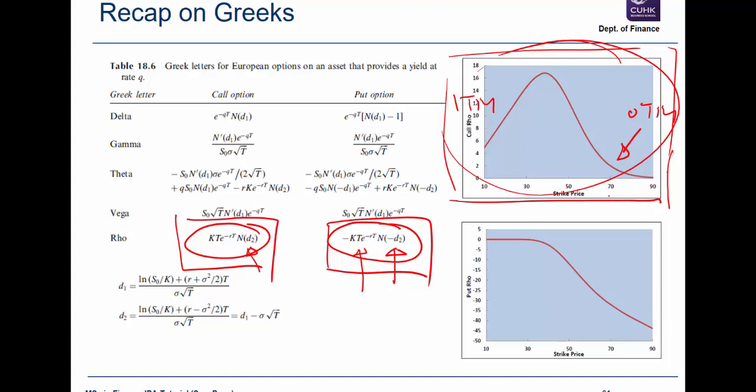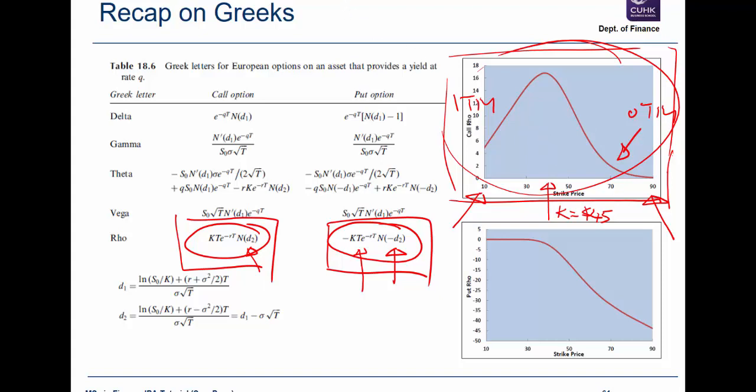We are saying if the stock price remains at 50 and you have a whole load of call options with strikes ranging from 10 to 90, then a call option with a strike of around 45, let's say, is actually 10% in the money, slightly in the money. That is when the rho is at the highest.